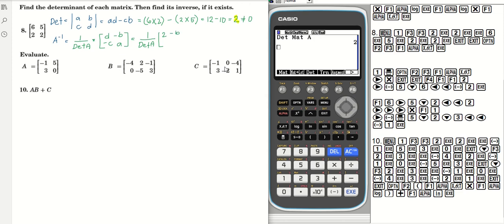Then element C is also a negative sign. And then element A is 6.